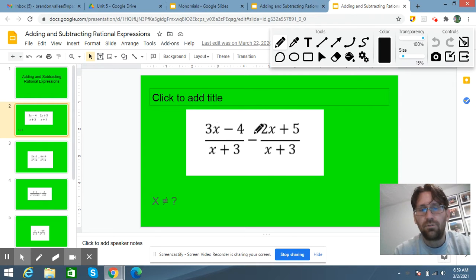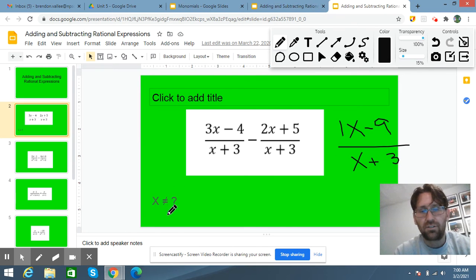You would do 3 minus 2 is 1x, and then negative 4 minus 5 is negative 9, and that's over x plus 3. They have the same denominator, so you can add them together.